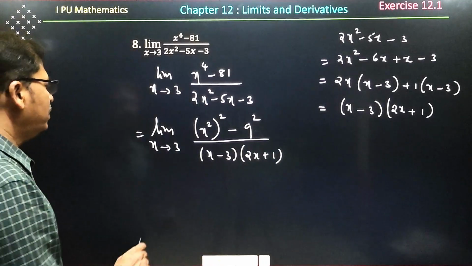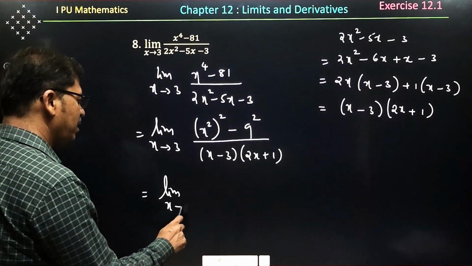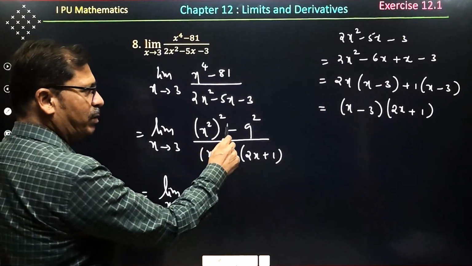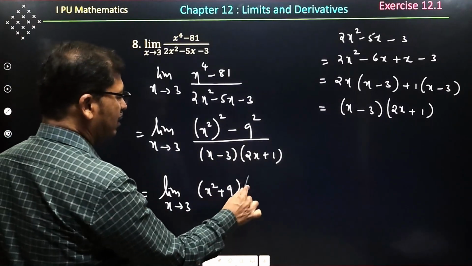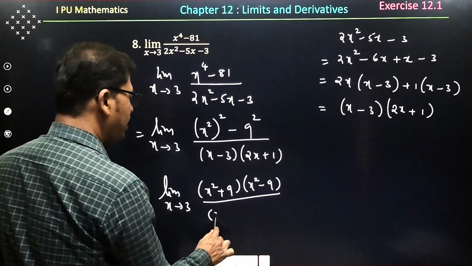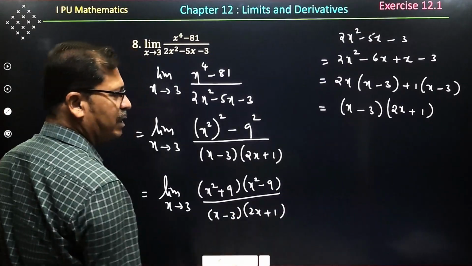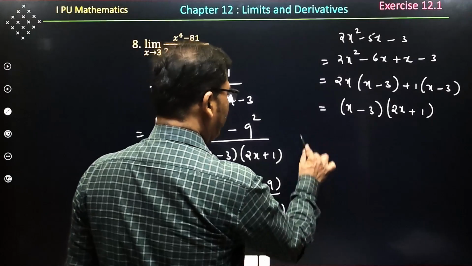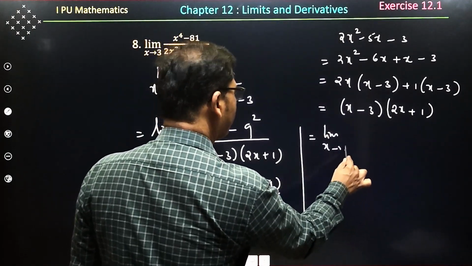So this is limit x tends to 3, x square whole square minus 9 square. This can be written as x square plus 9, one factor, and another factor x square minus 9, whole divided by x minus 3 into 2x plus 1. Now let us factorize the numerator again.